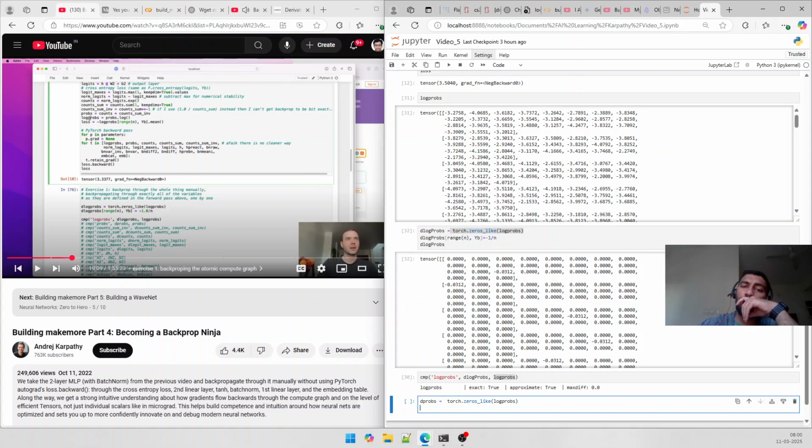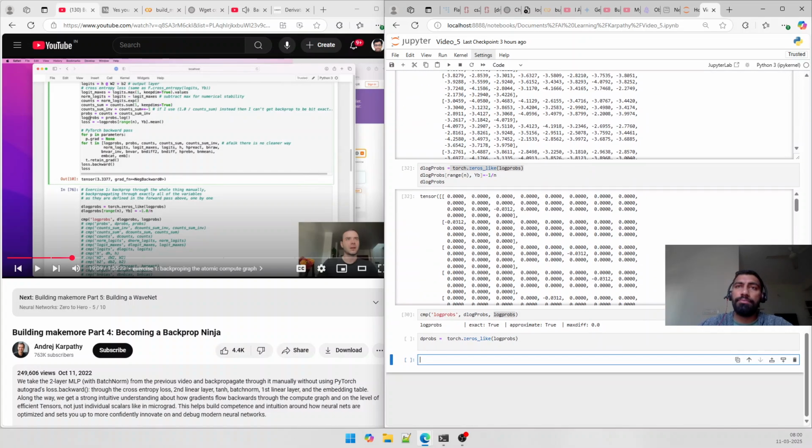That needs to be multiplied by these gradients as well because of the chain rule. So probs lead to log probs, and then we get the loss.